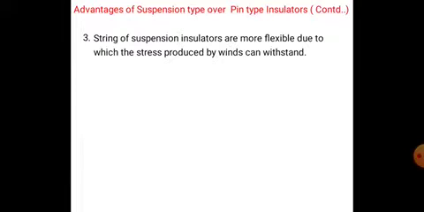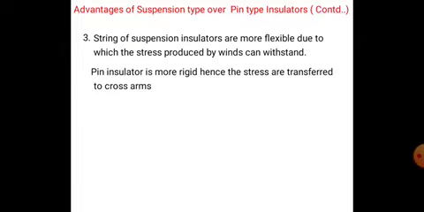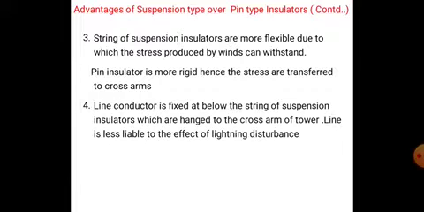A string of suspension type insulators is more flexible, due to which the stress produced by winds can be withstood. The pin insulator is more rigid, hence the stress is transferred to the cross arms.